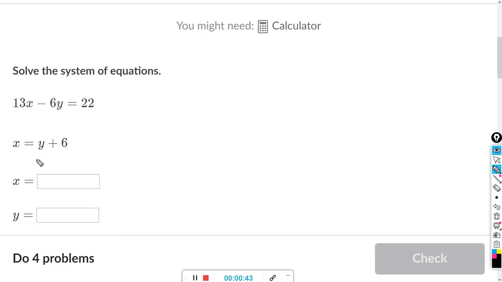So on this one here, we have x equals y plus 6. Since x equals y plus 6, we want to take this expression and plug it in place of x. So rewriting this equation, we have 13 times x, so that's going to be 13 times (y plus 6).